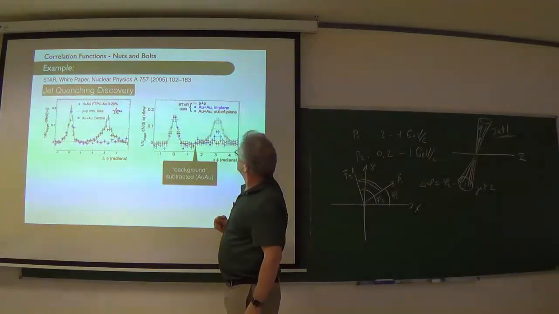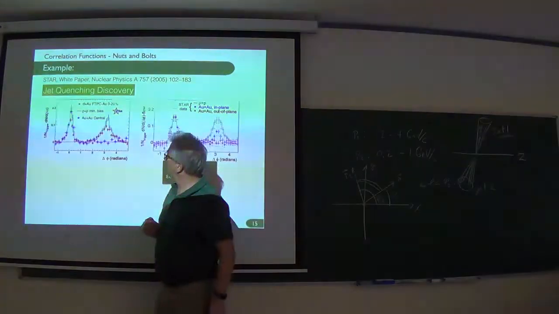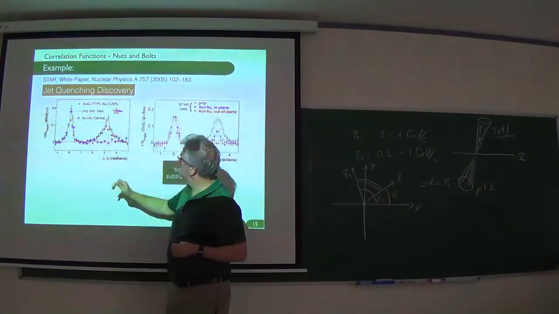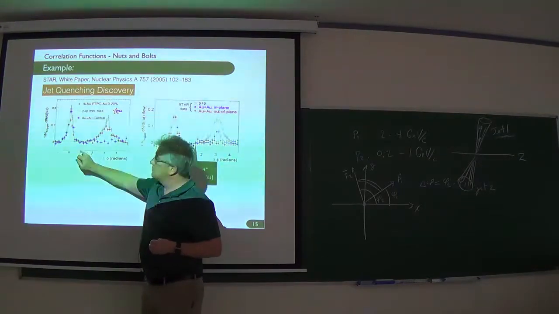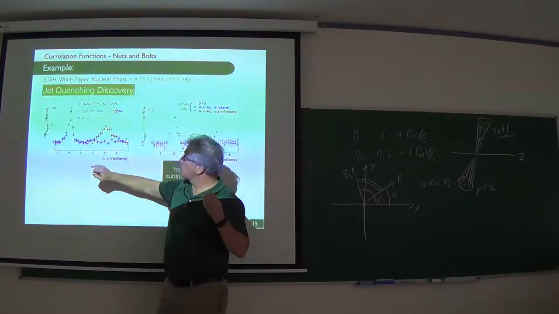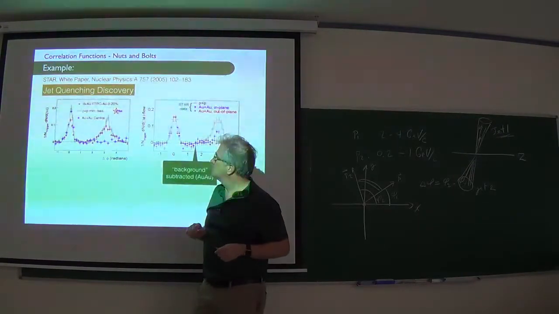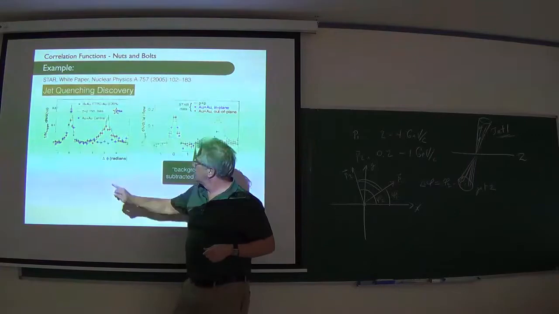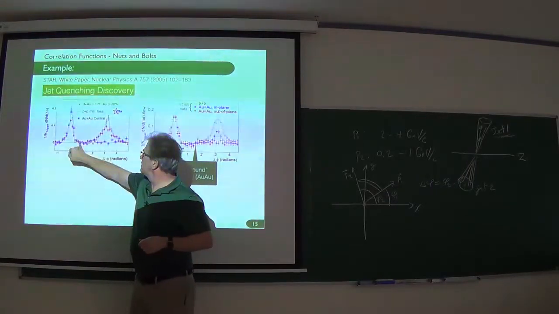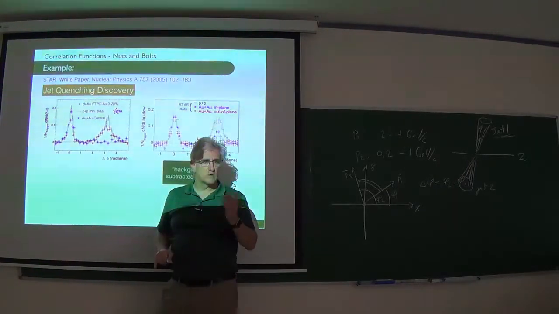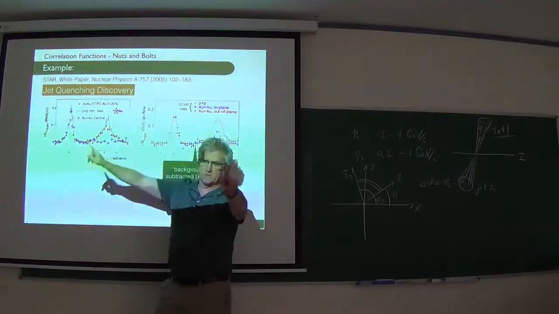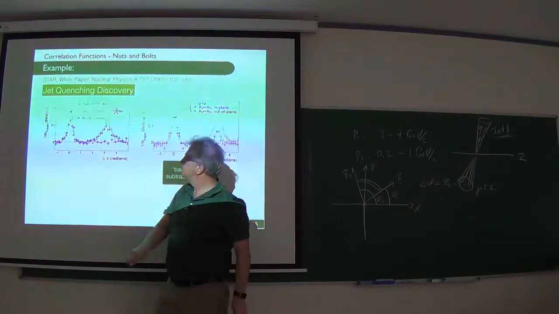So what is actually shown here? You have three data sets. You have the reference, which is the solid histogram, the solid line in black, which has one nice peak at 0, which we call the near side, because the two particles are near one another.